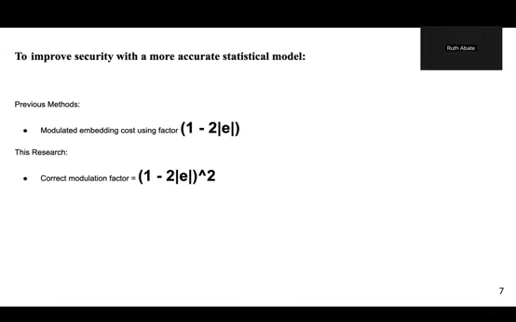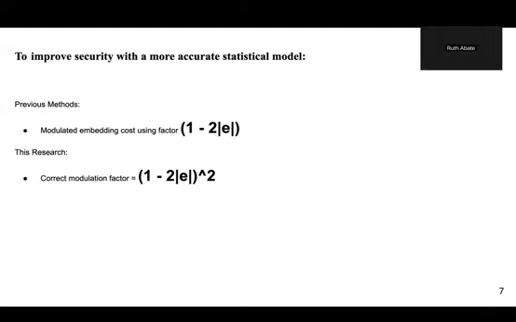Previous methods used a heuristic approach, modulating the embedding cost by a factor of 1 minus 2e, where e is the rounding error. This was based on the idea that pixels with larger rounding errors are less likely to be detected if changed. However, this paper argues that this heuristic is not optimal. Instead, the author proposes a more accurate statistical model that uses a modulation factor of (1 minus 2e) to the power of 2.